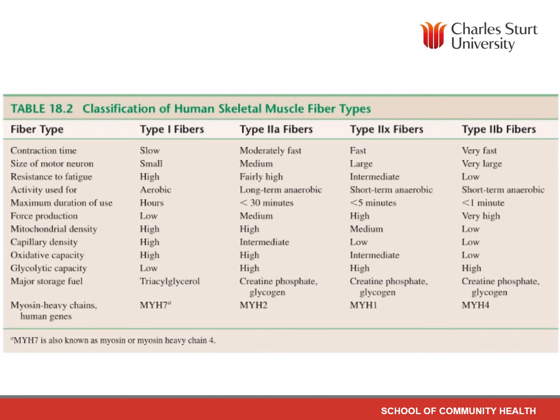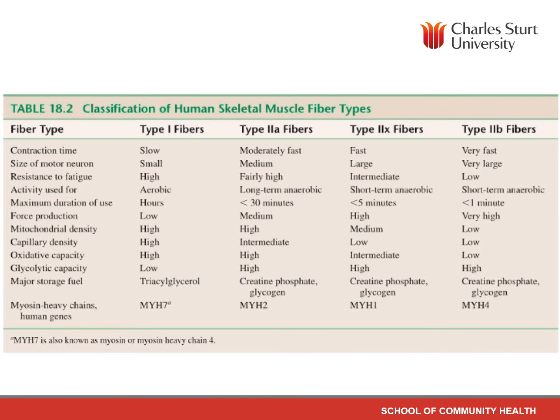Our type 2X fibers are short-term anaerobic and can only be used for activities less than 5 minutes. The force production is high. And type 2B fibers are also short-term anaerobic, they fatigue very, very quickly, so they can only contract maximally for approximately 1 minute, but the force they produce is very, very high.